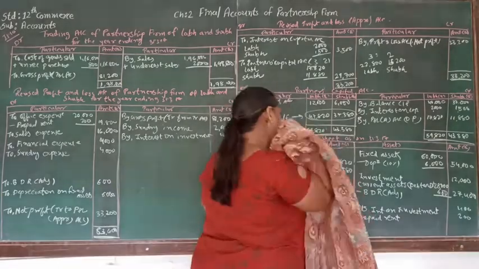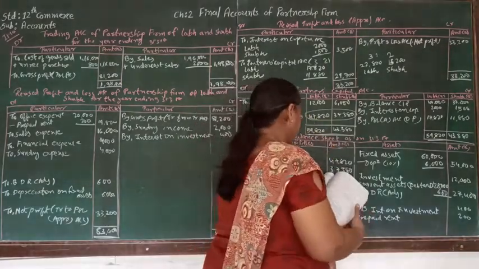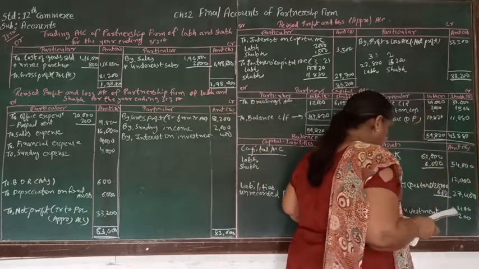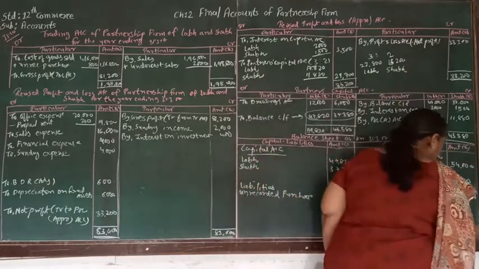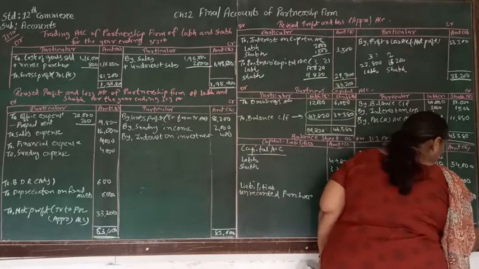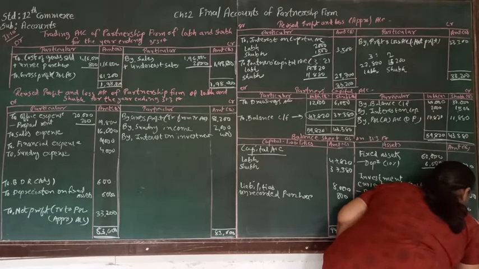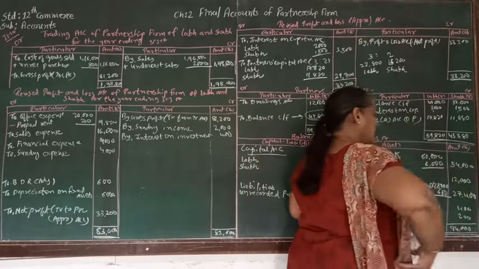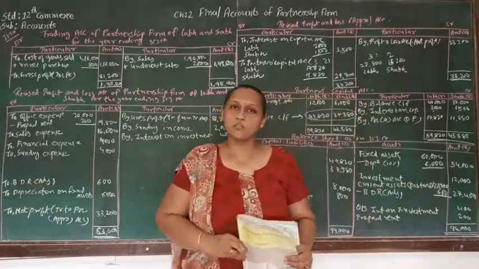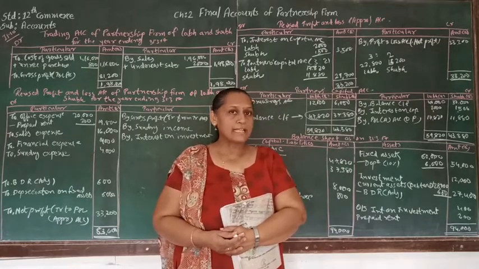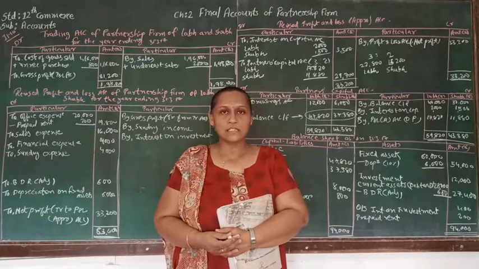Again, if we make the total of the asset side, that is 54,000, 12,000, 27,400, 400 and 200, the total of the asset side will be 94,000. So students, you may note this down in your notebook. This is how we have to calculate the sum. Thank you for watching this video.